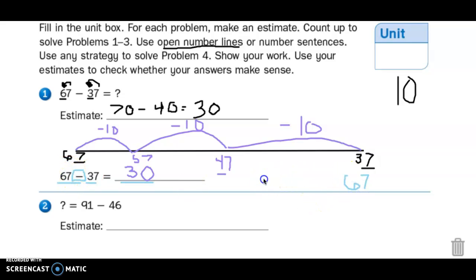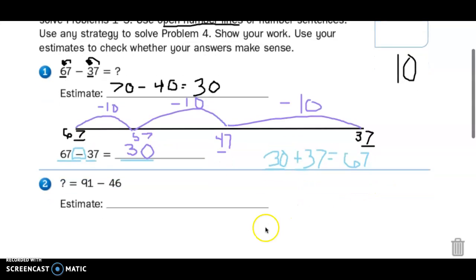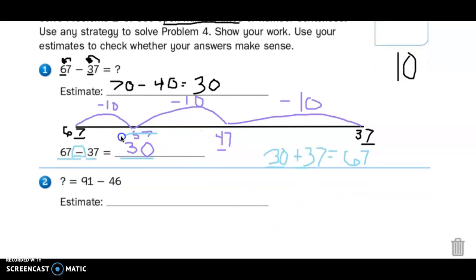Let's see. 30 plus 37, right? 30 and 37 should equal my biggest number. Is that true? If I add 3 and 3, that becomes 6. And if I add 0 and 7, that becomes 7. 67. You bet. My answer was 30.